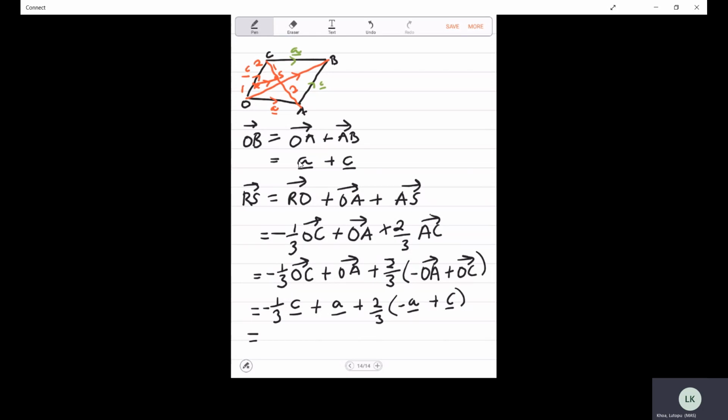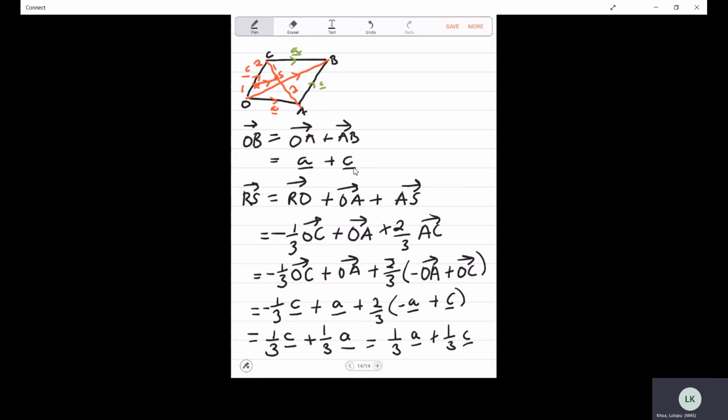Here I have negative a third C, and I will have 2/3 C, so that will give me a third C. Then I have A, which is 1A minus 2/3 A. This will give me a third A. So this is just a third A, I wanted to write the A first, that's why I'm rewriting it, plus a third C. And now look at this vector OB.